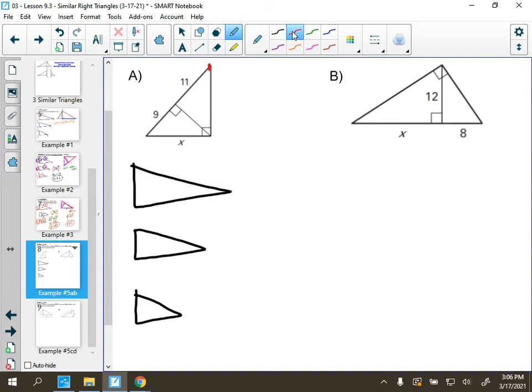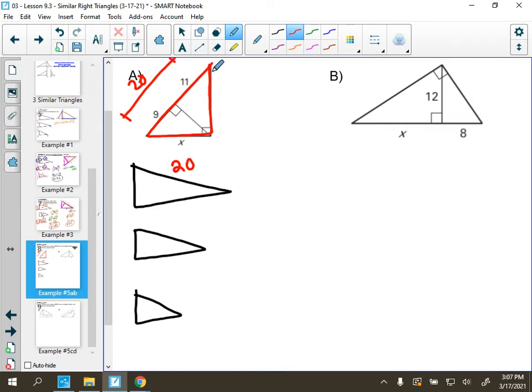Let's see, where's my big triangle right here? So my hypotenuse, this one's kind of tricky, I think. Hypotenuse is 20, right? So I'm putting the 9 and the 11 together to say 20. And this one is kind of tough to tell. Is this x the long leg, or is this the long leg here, or is this the short leg?